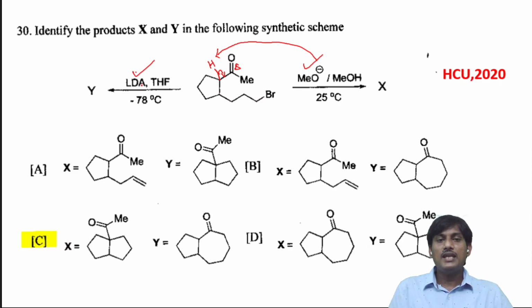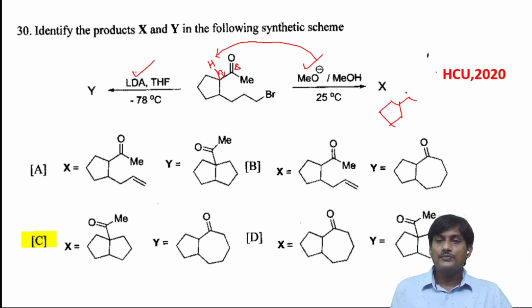But if you take lithium diisopropyl amide, the approach of lithium diisopropyl amide to this carbon is very difficult, but this one can easily approach the methyl group. So there is abstraction of a proton from the methyl group in the presence of lithium diisopropyl amide. So in the presence of methoxide, you will get this intermediate.